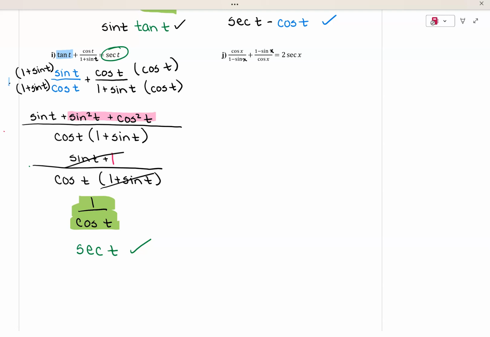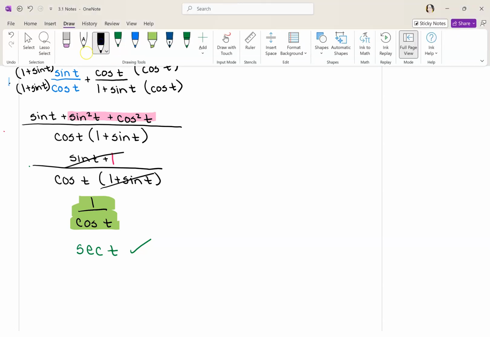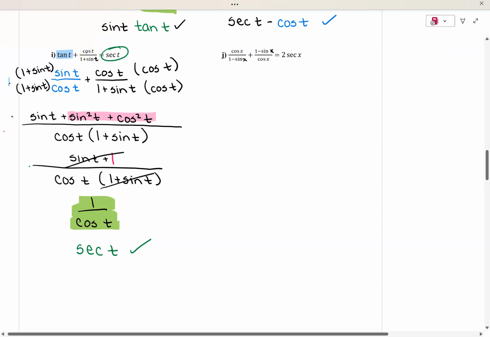Okay, let's look at this next one. We need 2 secant, so that is definitely the simpler side. So let's start with the more complicated side. So I think we're probably going to have to do exactly what we just did on this one over here, is get that big, huge common denominator.